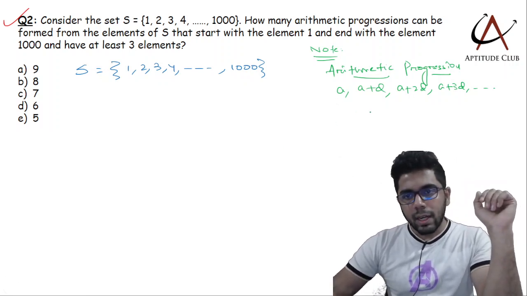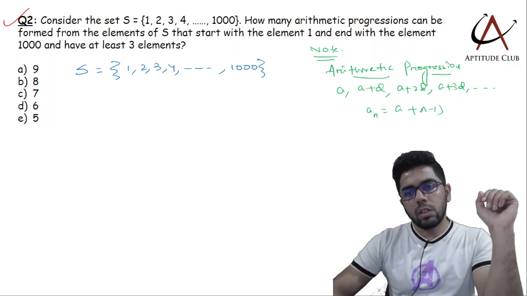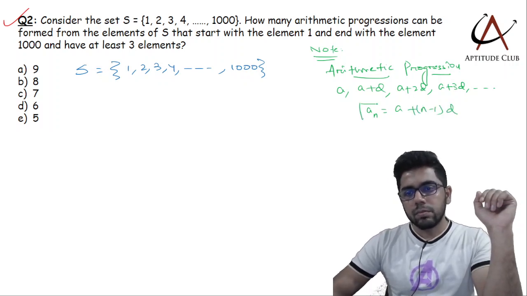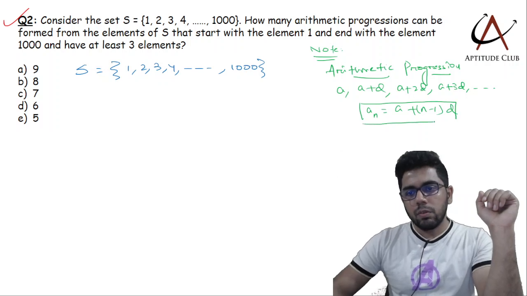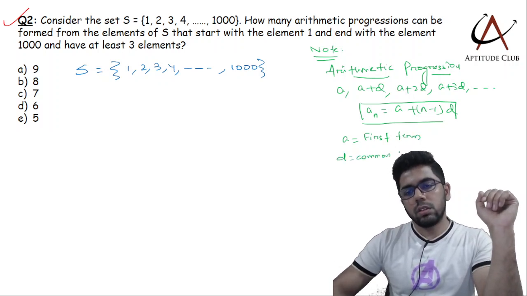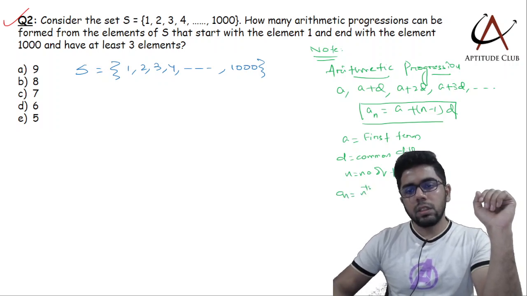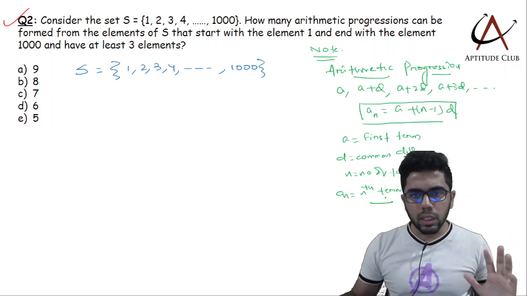And the general term of an arithmetic progression is a plus n minus 1 into d, where a is called the first term, d is called the common difference, n is the number of terms, and an is basically the nth term or the last term, whichever term we need to find.